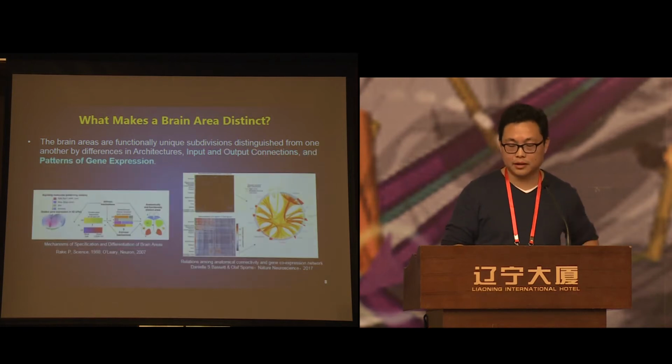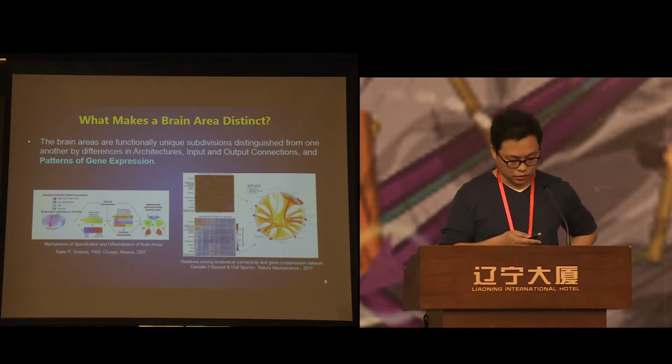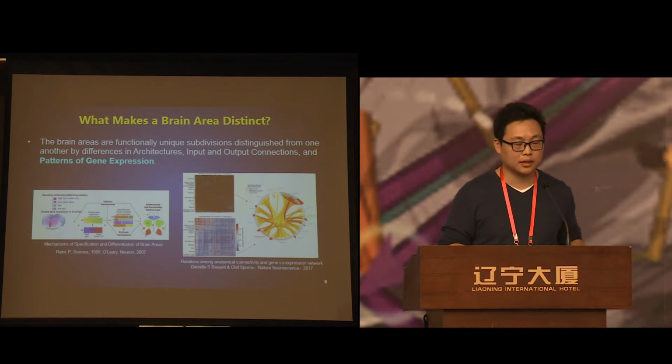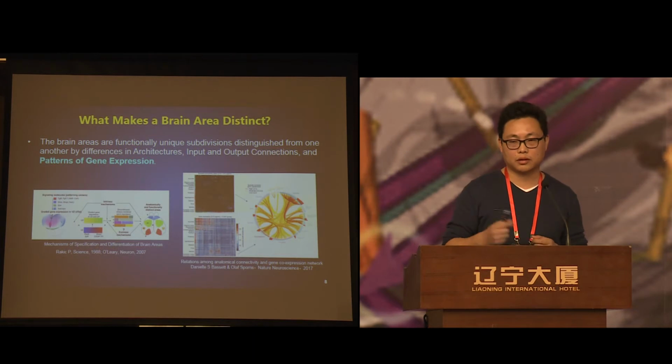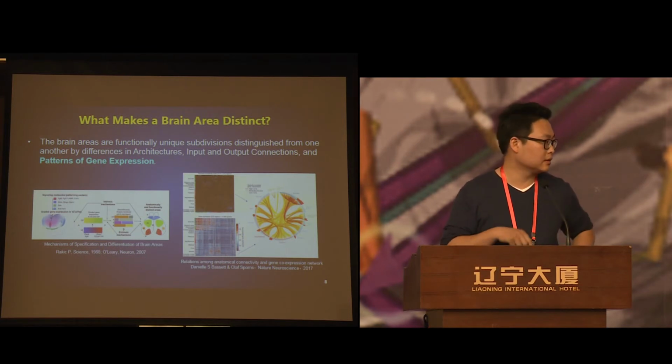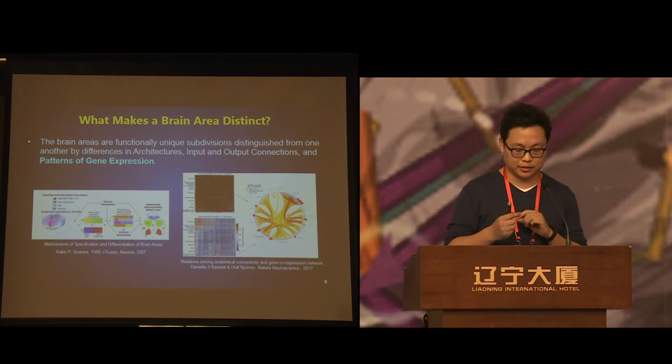And finally is the patterns of gene expression, especially from the developmental view. Two examples. One is from animal studies. If you knock out some genes, the brain can't be separated anteriorly or posteriorly. With other genes, the brain can't form the medial and lateral parts.